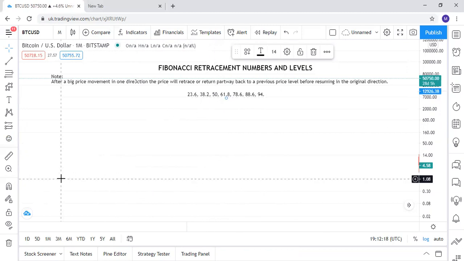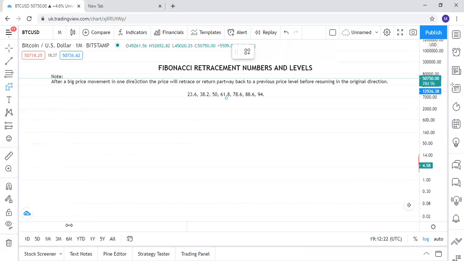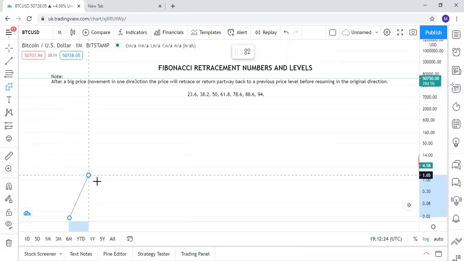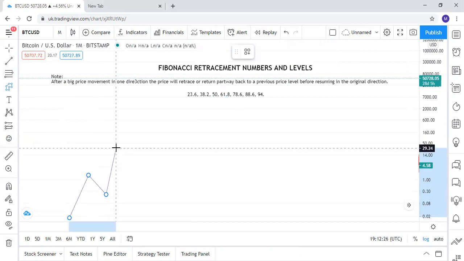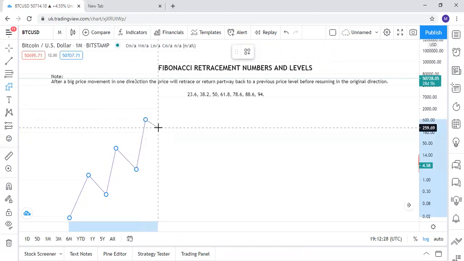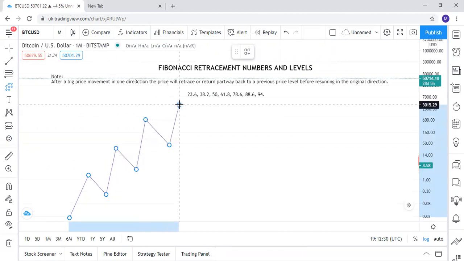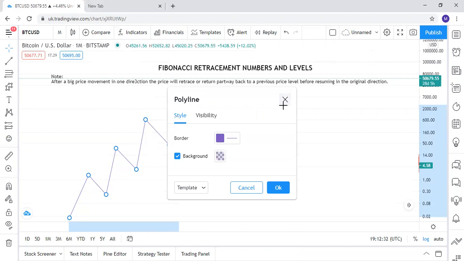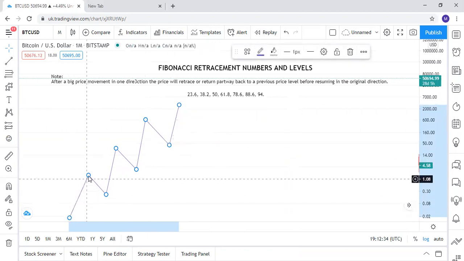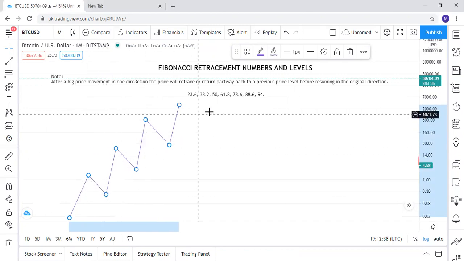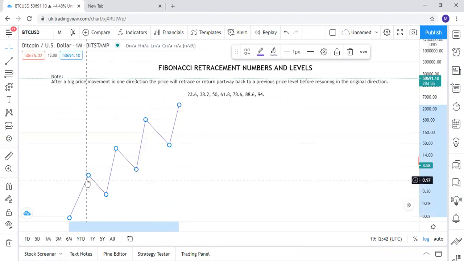So now, anytime there's an impulsive, correction, impulsive, correction movement, anytime the price makes a retracement, it will retrace to a certain percentage of its impulsive move. Do you understand?